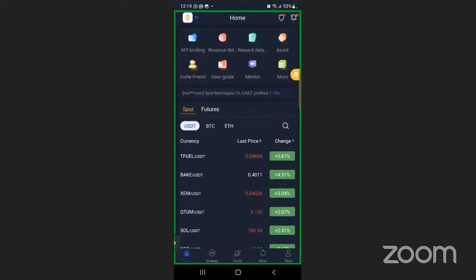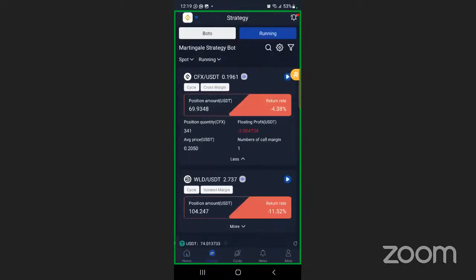When we go to our robots, we tap on strategy. Are you seeing this trade? For example, CFX is showing cross margin. WLD is showing isolated margin. Cross margin means it is in Warehouse.